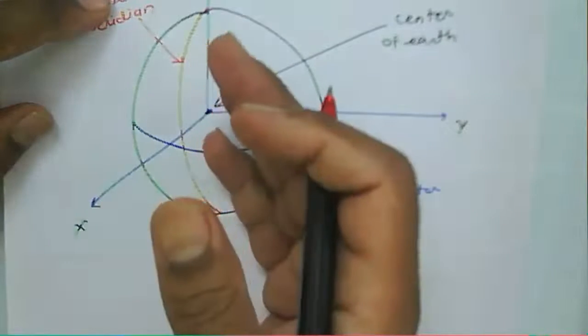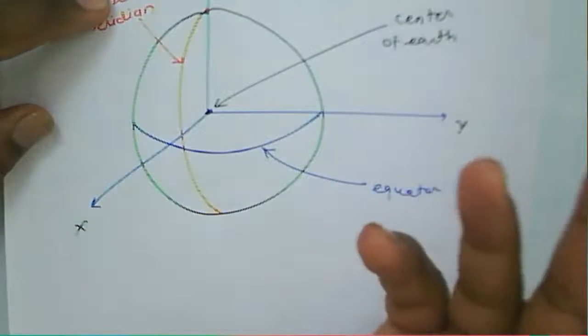Suppose we said earlier that there are three transmitters.